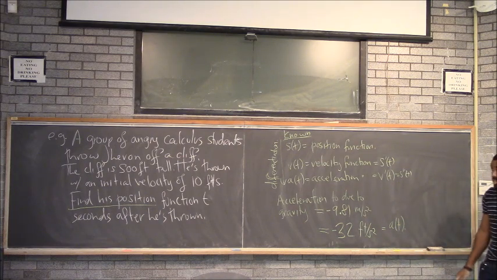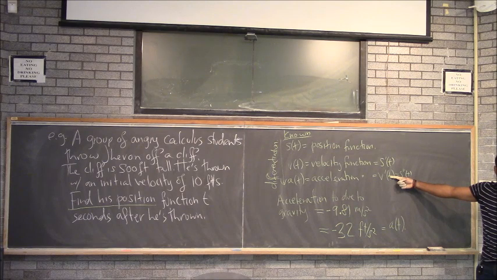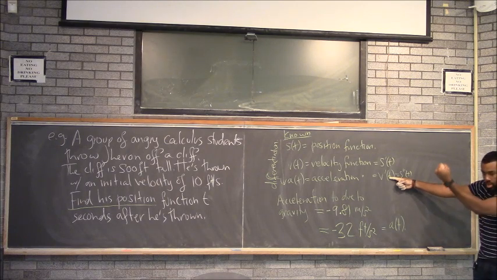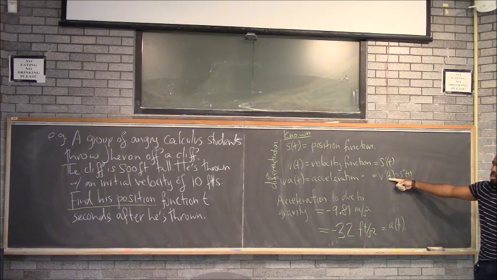It turns out, in this situation, the only function that I know in its entirety is the acceleration function. The acceleration he's going to experience is the acceleration due to gravity, right? There's nothing speeding him up or slowing him down other than the Earth pulling him towards the floor. So the acceleration is the only thing I know.